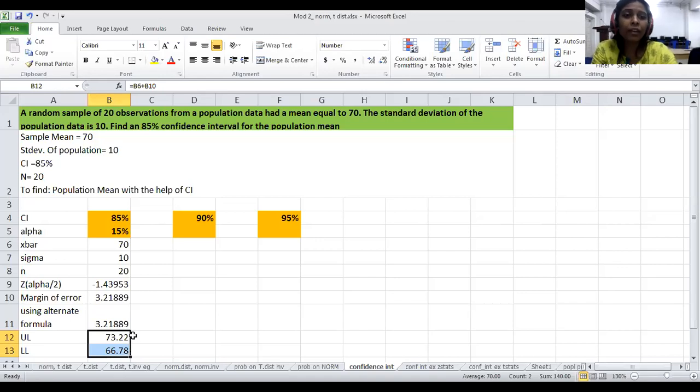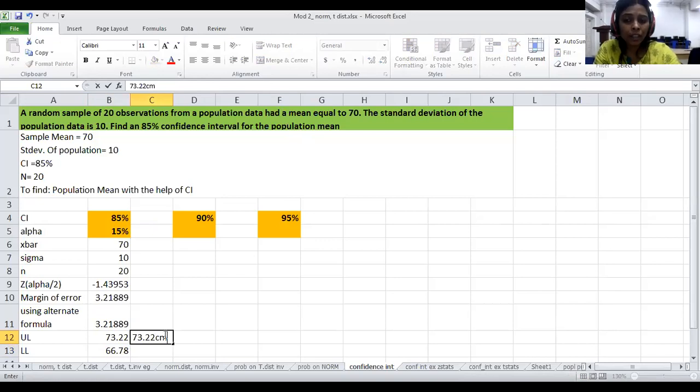If you have, for example, the data set which has been given to you, for example, height, okay, and you need to calculate the population mean height, then if the height is given in centimeters or if the height is given in inches, then you will write 73.22 centimeter or 73.22 inches.